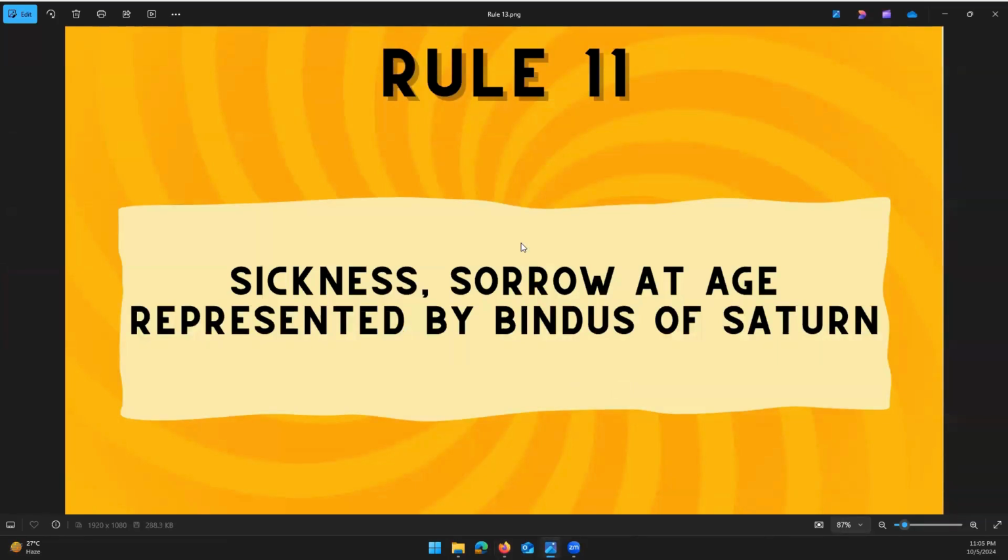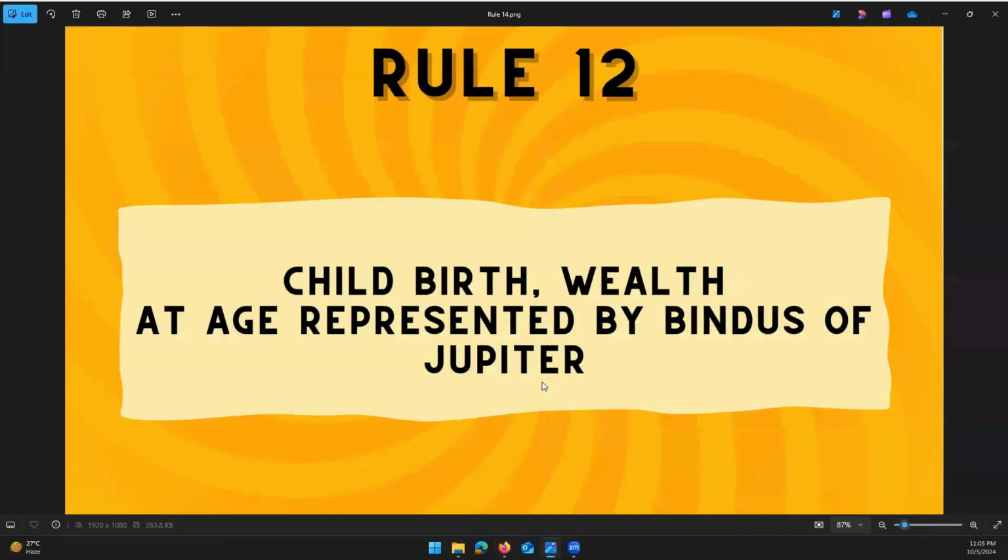And likewise, for Jupiter, you will see the house in which Jupiter is placed and the number of Sarvastakvarga points, and that will represent the age in which Jupiter will get activated. The natural karakatva of Jupiter is children, wealth, respect, health, well-being, luck, government, religion, and so on, right?